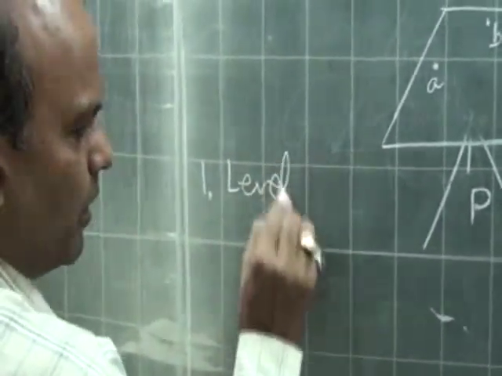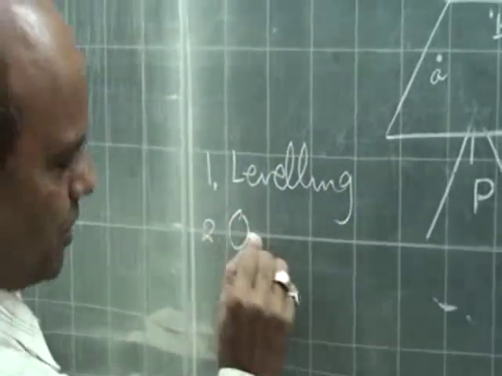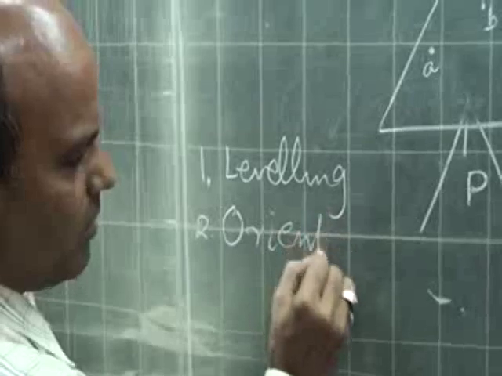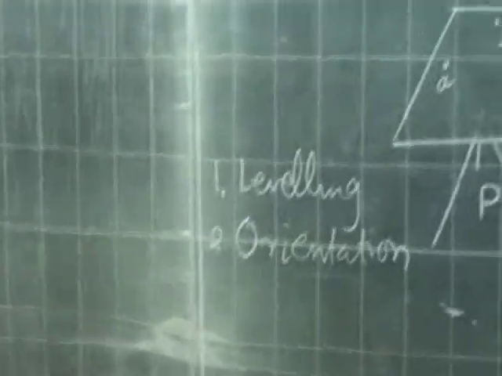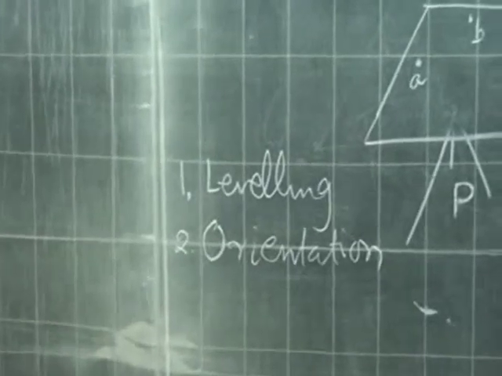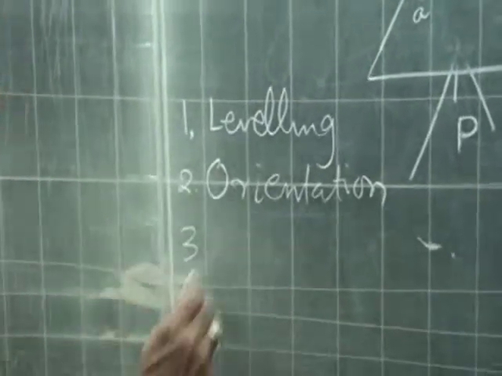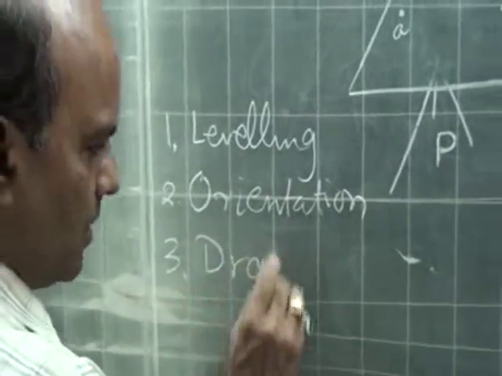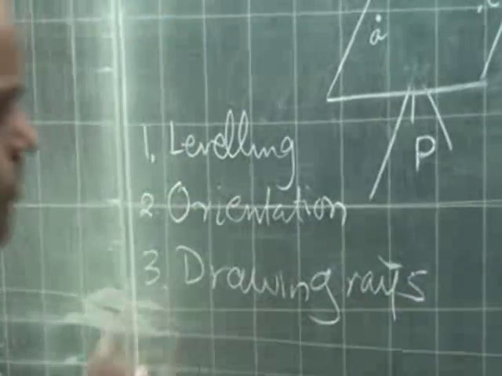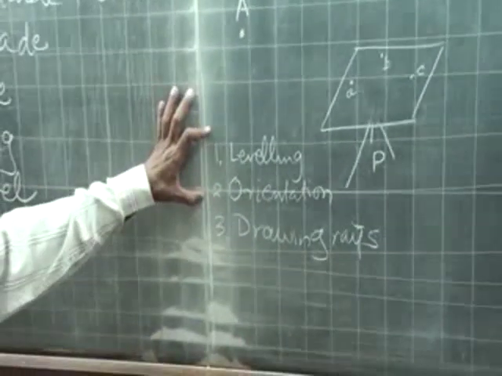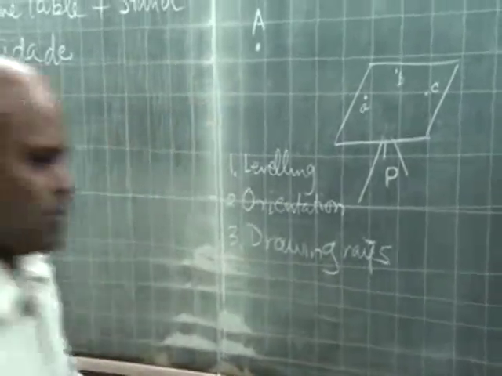Plane table top should be level. Number 2 is orientation. The plane table is properly oriented. Normally we orient with respect to north. And the third will be drawing rays. I will explain how you draw the rays, because these 2 steps are common and we are already aware of them.